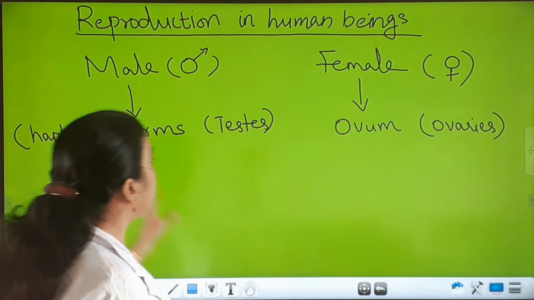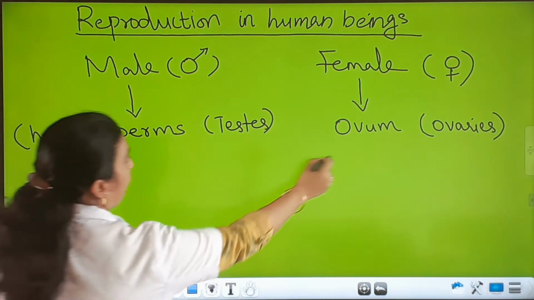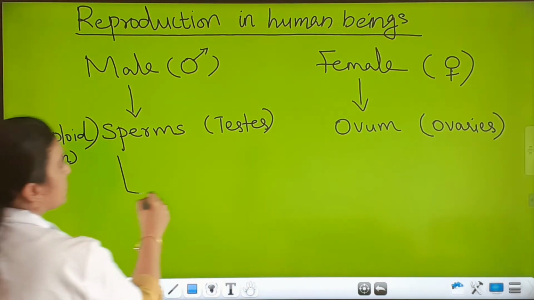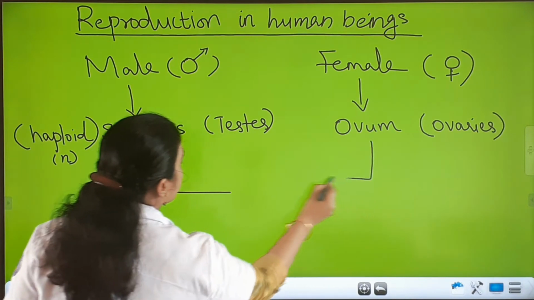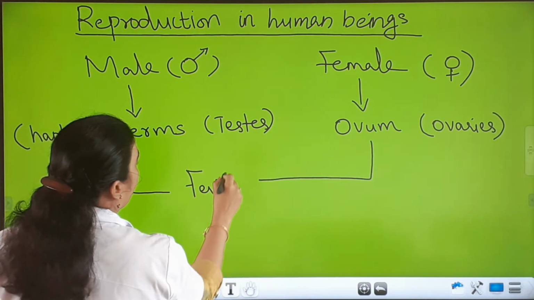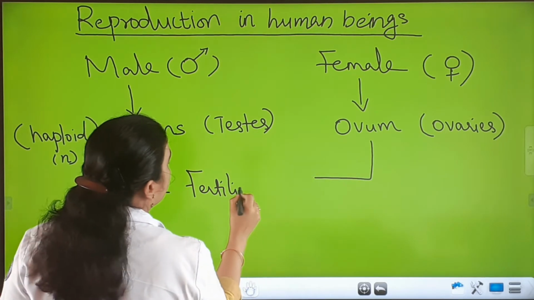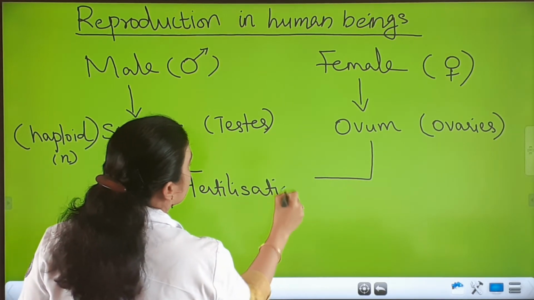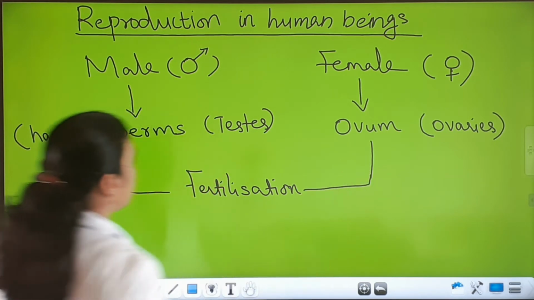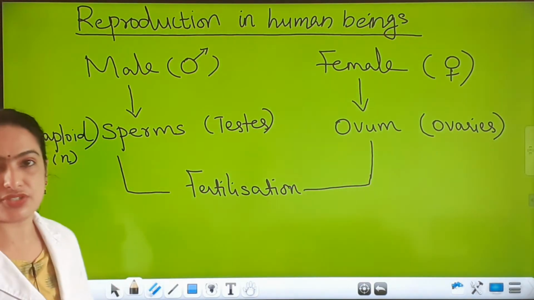Okay, so here there is a fusion of male and female gamete, and that fusion process is called fertilization. So the fusion of male and female gamete in sexual reproduction is called fertilization.